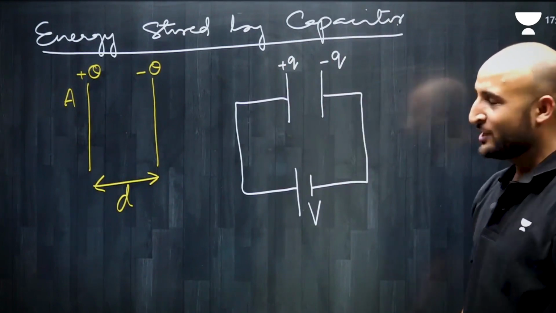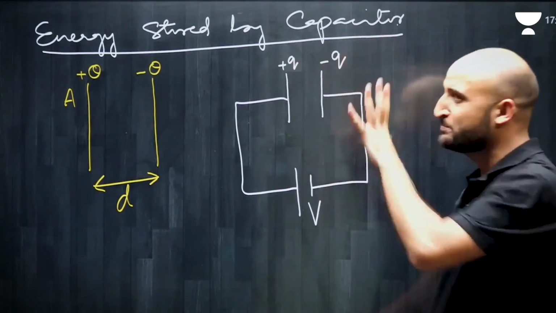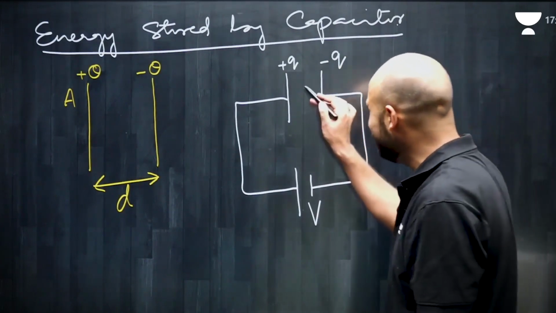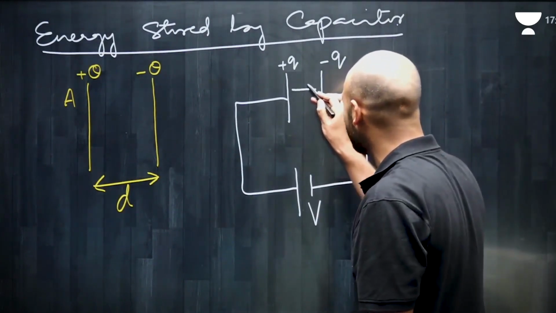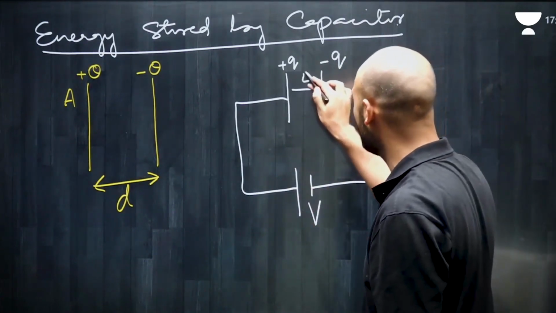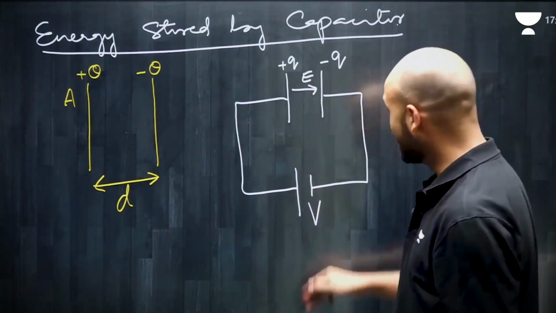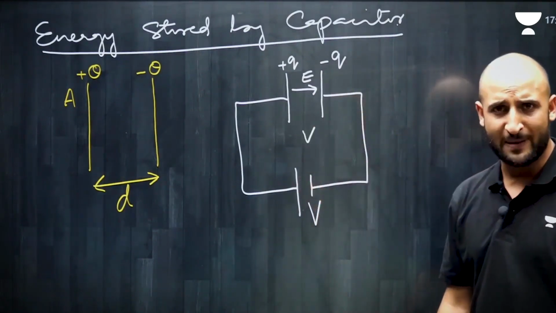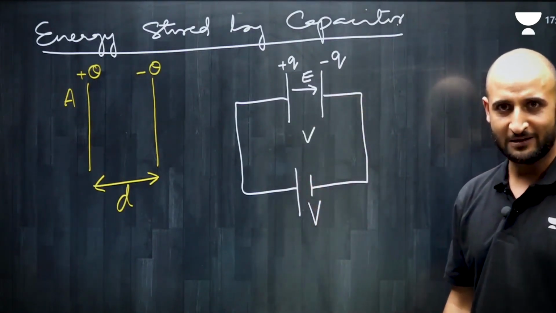Now, once this amount of charge builds up, an electric field is developed between the plates of the capacitor in this direction, from positive plate to negative plate. Potential difference gets developed, and that's obviously equal to the potential of the battery, that's equal to V, right?